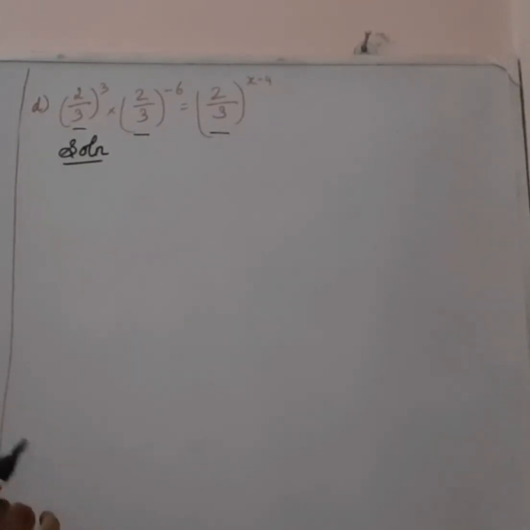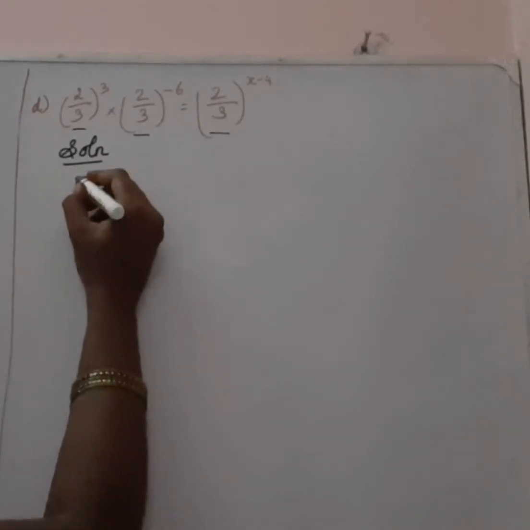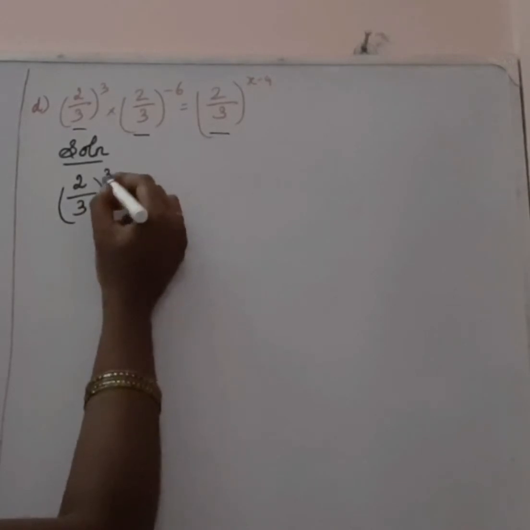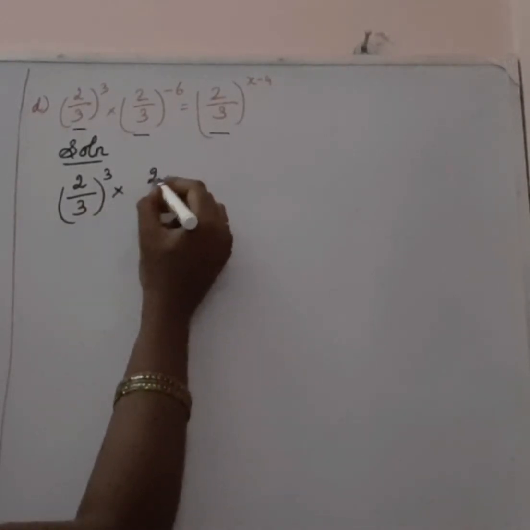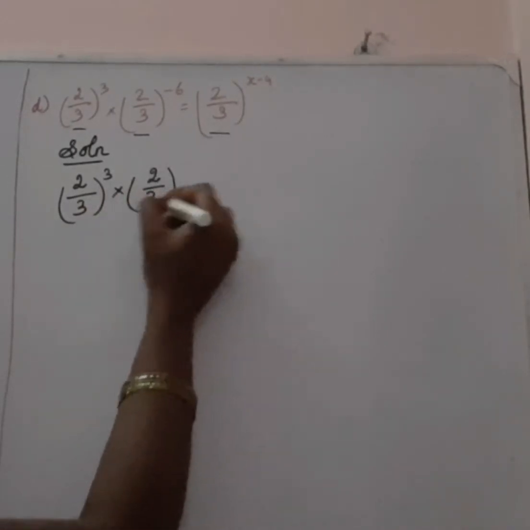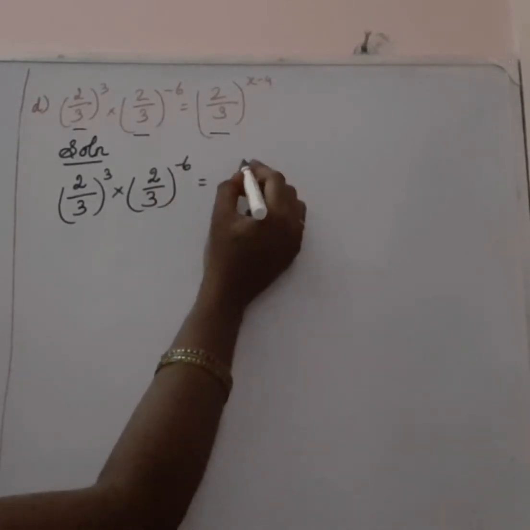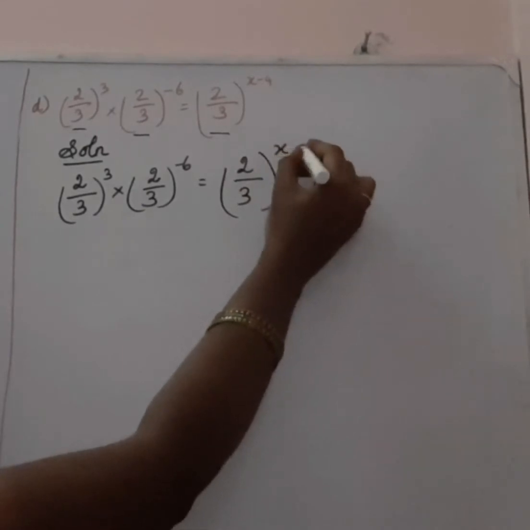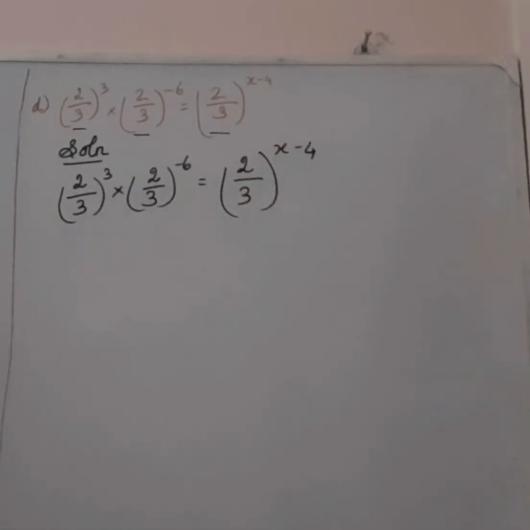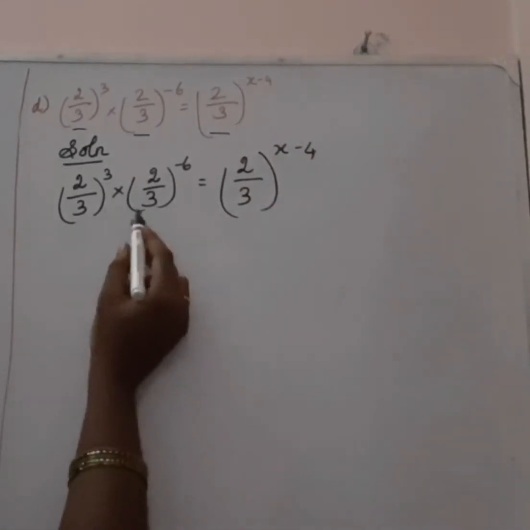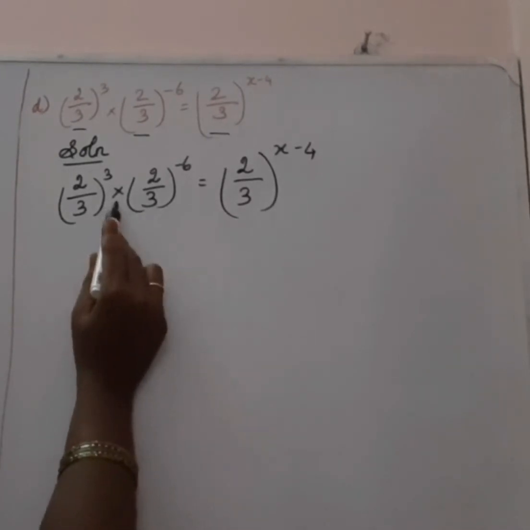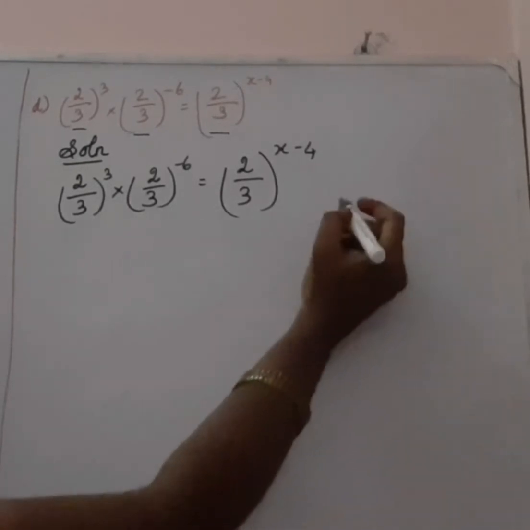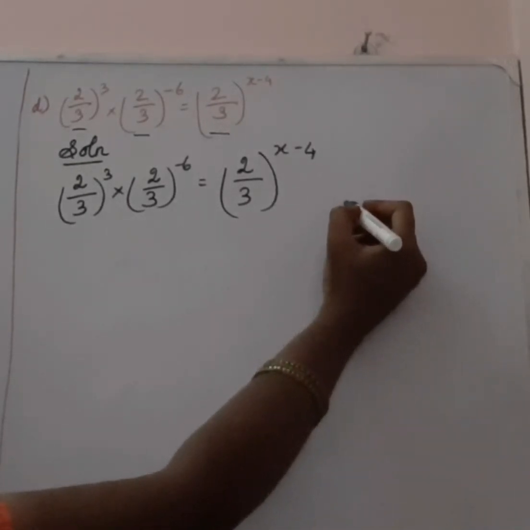We want to do the operations. The LHS is 2 by 3 the whole power 3 into 2 by 3 the whole power minus 6, equal to the RHS 2 by 3 the whole power x minus 4. Here the bases are the same and the operation is multiplication. So what do we want to do here? We want to apply a property. What is the property?